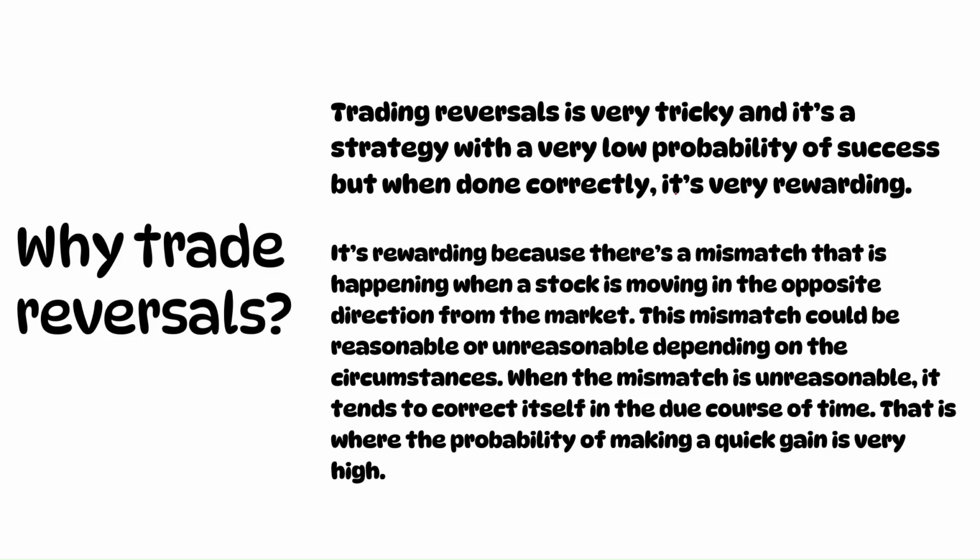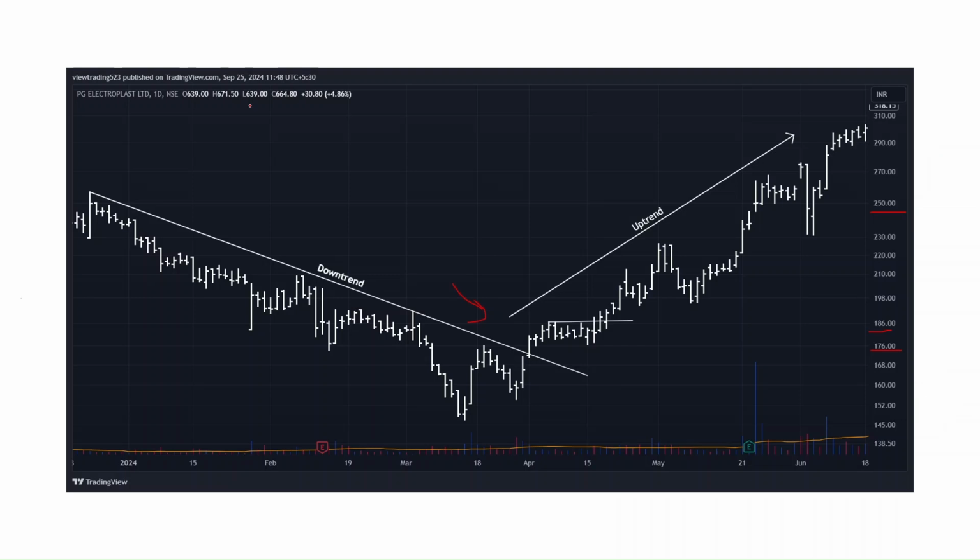So, why trade reversals? Trading reversals is very tricky and it's a strategy with a very low probability of success. But when done correctly, it's very rewarding. In case of trading reversals, the probability of success is very low, because most of the reversals fail. And why is that? I'm going to show you a simple reason, which is mainly the overhead supply.